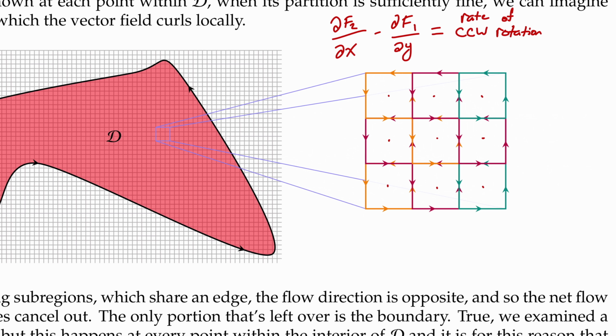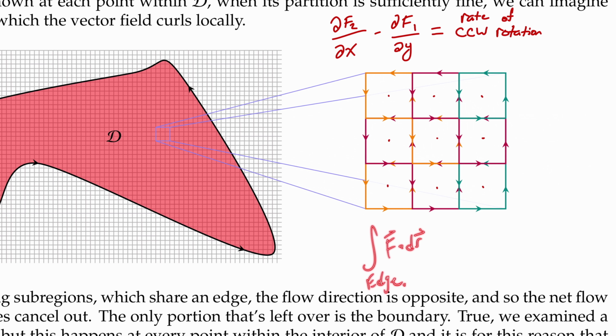But in this orange square, we're going upward. But for this square here, when we go counterclockwise, relative to this first square, we get this, right? So the one's going upward, the one's going downward, so things will actually cancel out because the orientations are opposite.